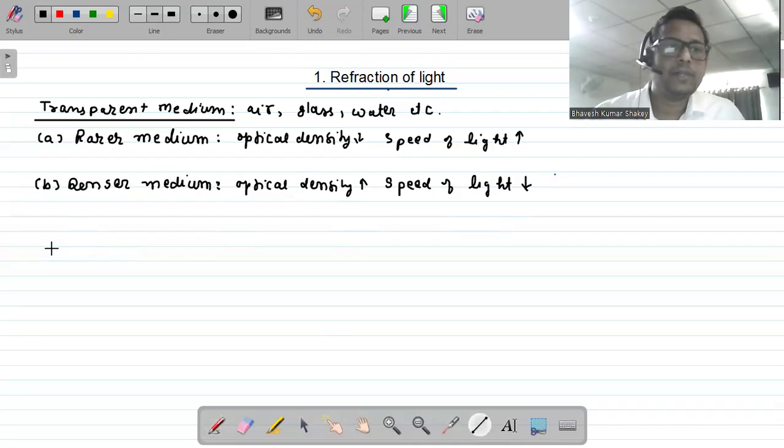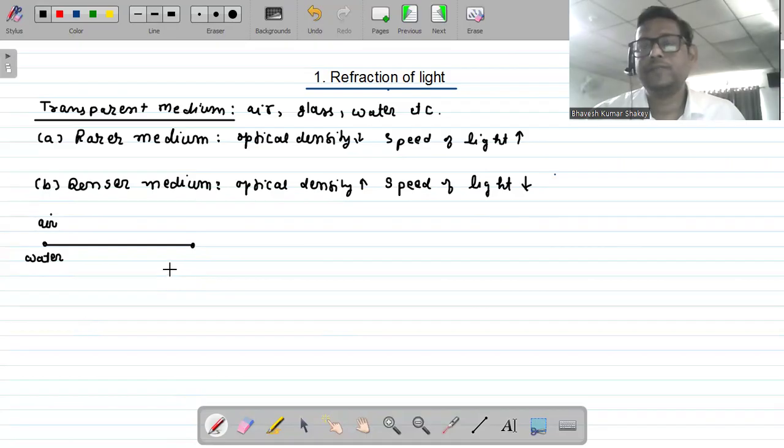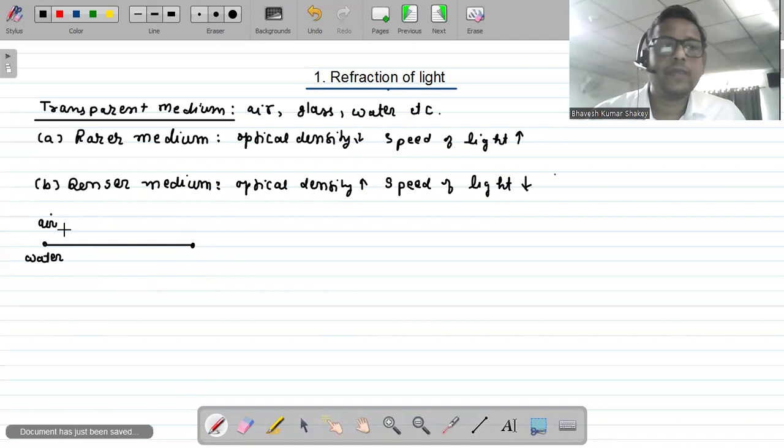In that example, let's say I have a medium like air and here is water. Okay, and this is an interface. Now, what is an interface? Interface is a surface which separates the two media. Let's say the light ray is traveling from air to water.